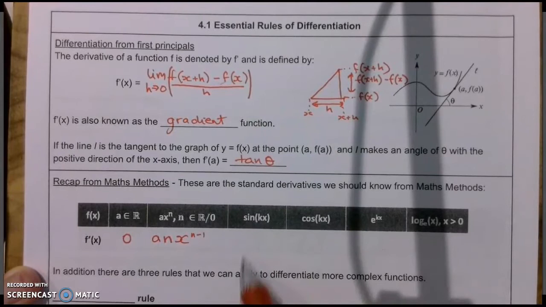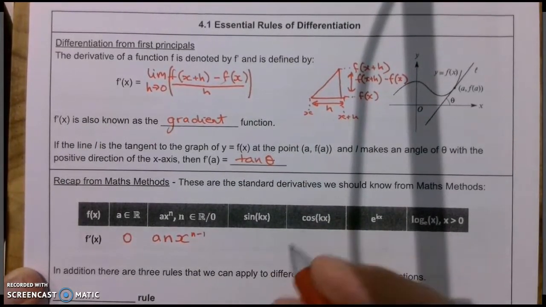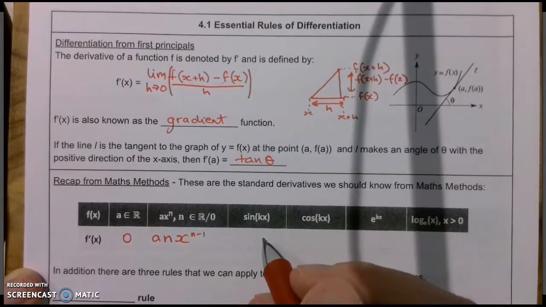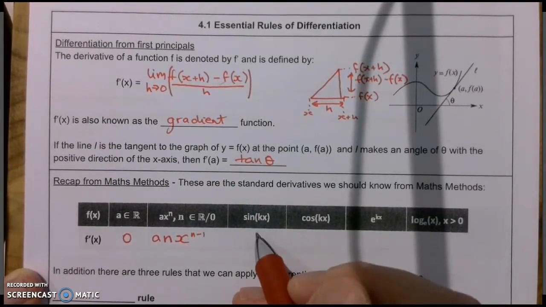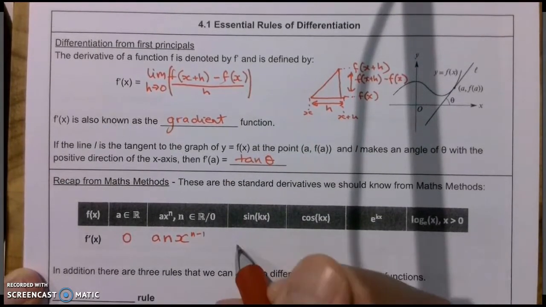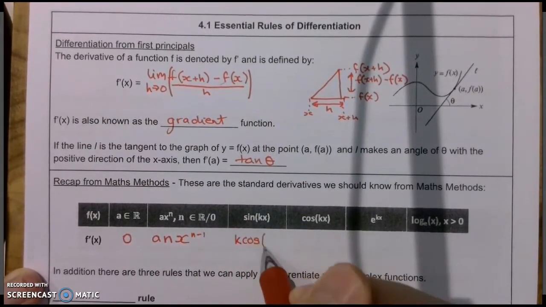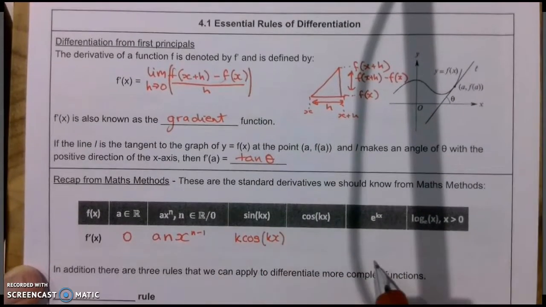If I've got trigonometry, the k that's inside the bracket will always come out, and if I just think about the graphs, the gradient of sine starts positive, a gradient of 1, and then it decreases to negative, reminding me that the gradient must just be cos kx.